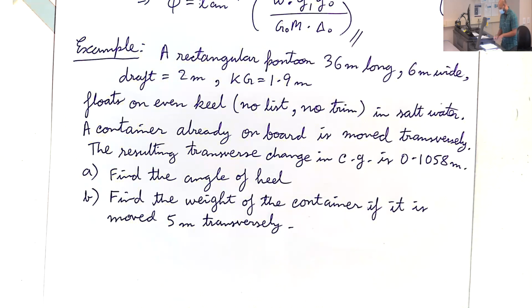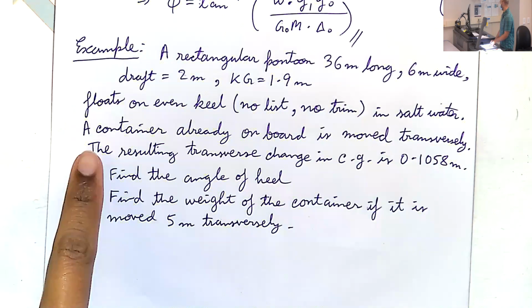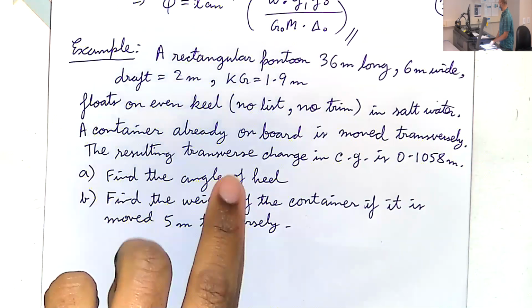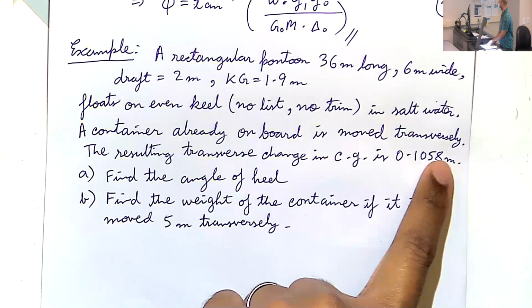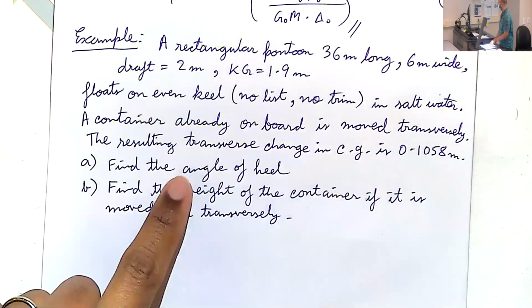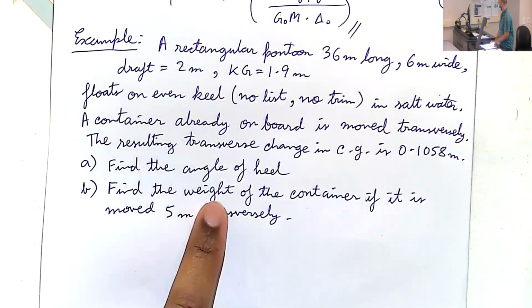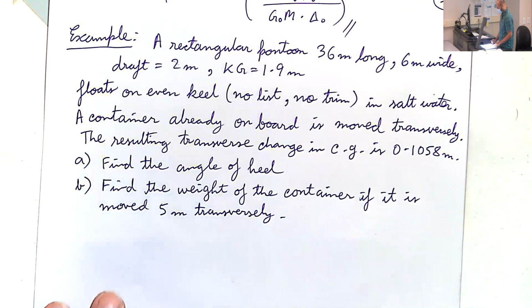We're told there's a container already on board, which we move transversely. After moving it, the change in the center of gravity location is given here. We are asked, what is the angle of heel? And what was the weight that was moved if it was moved 5 meters?